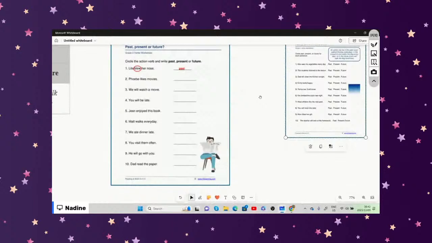So Phoebe likes movies. What is the action verb? And what tense does it show? Does it show the present tense, the past tense, or the future tense?